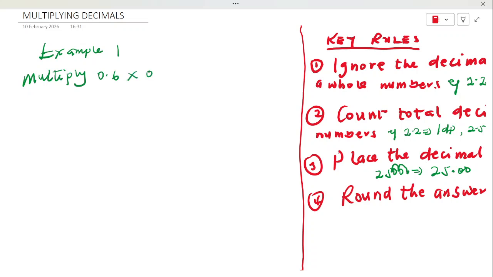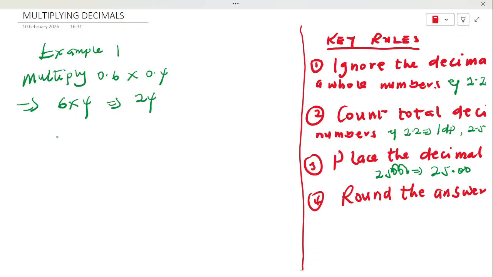0.6 by 0.4. So first you ignore the decimal. It's going to be 6 times what? 4. Which gives you what? Because you have 24. Now after getting the 24, you do what?